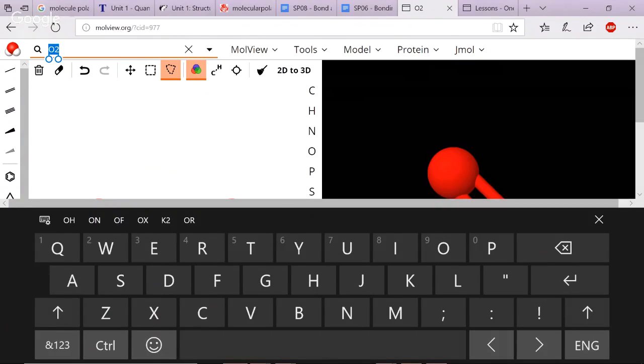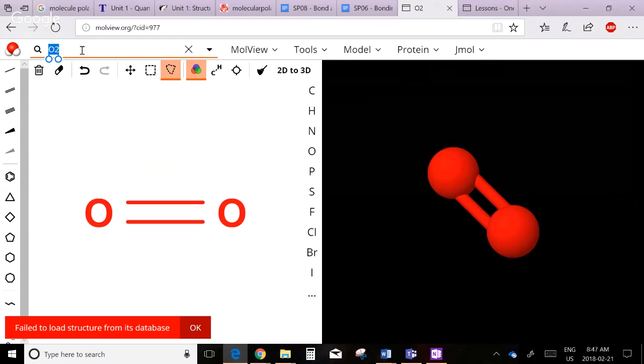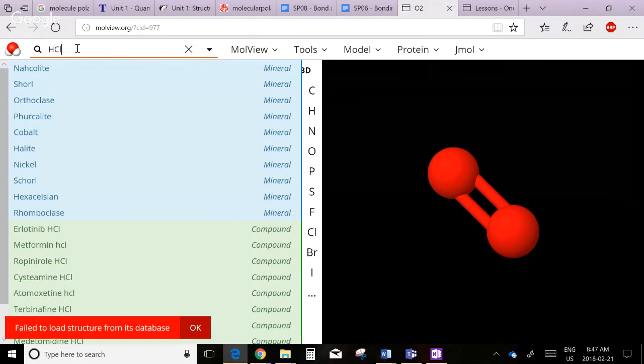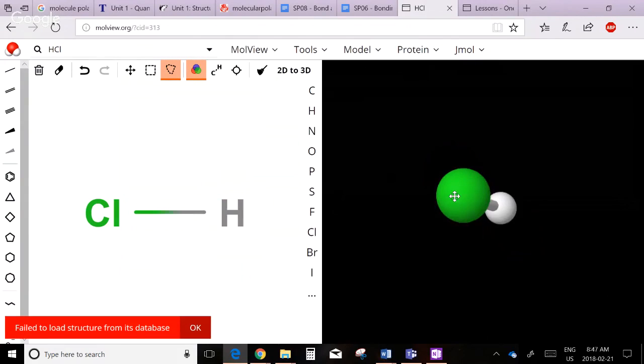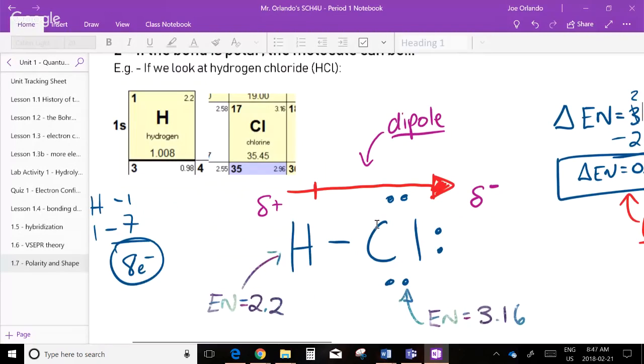There's a great little piece of software that you can all use. It's a great way to check your work, by the way, called Mol Viewer. It's incredible. This is the kind of software that used to be quite expensive, and now you can just go online and get it for free. Can everyone see that? It's just a 3D space-filling model of what we just built. Hydrogen and chlorine bound to one another.